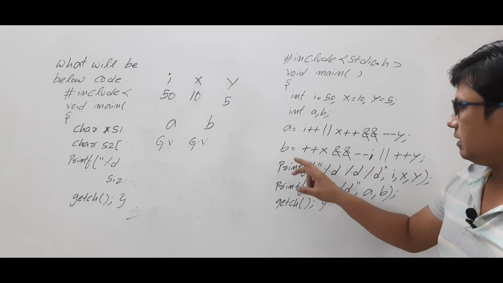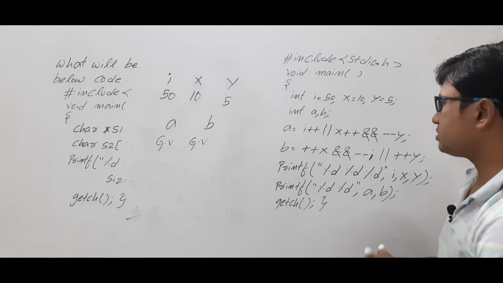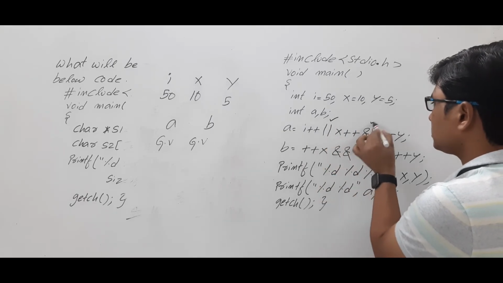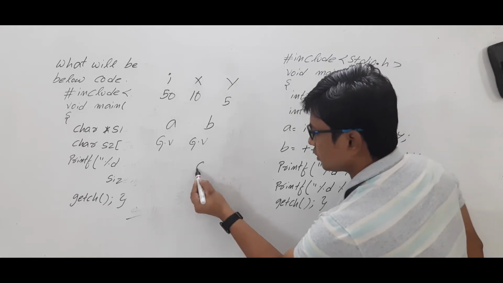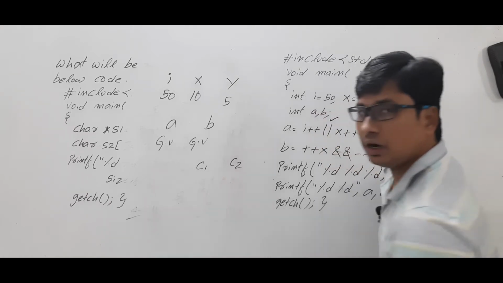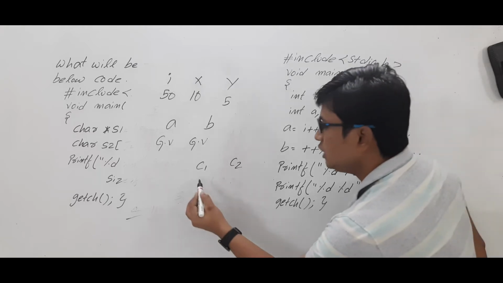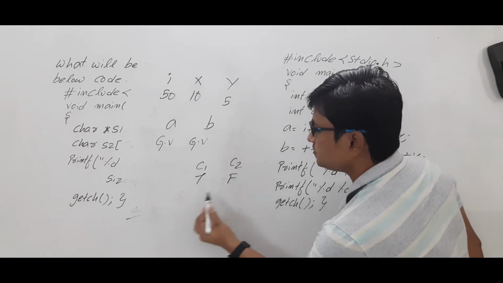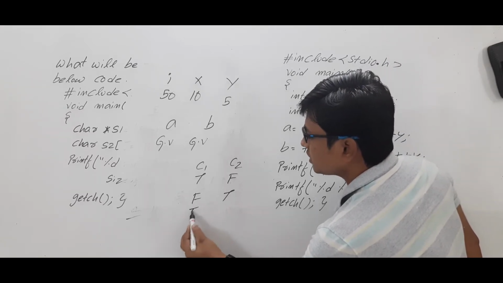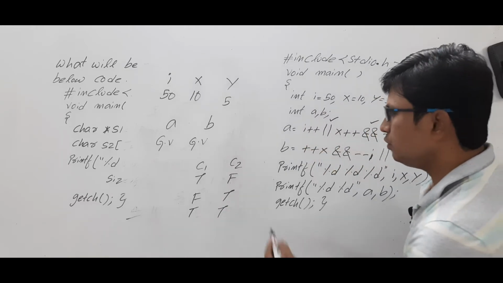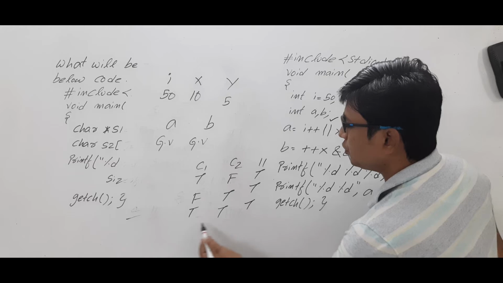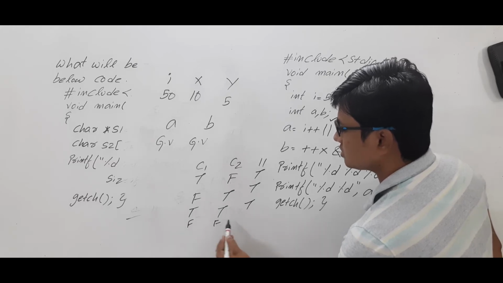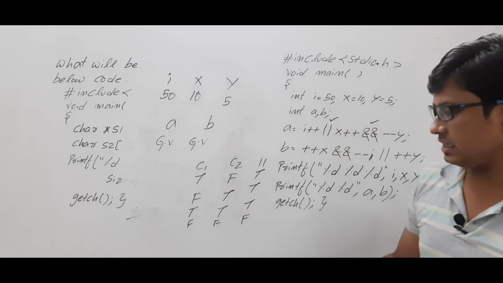Now look here, you have logical or and logical and. What is the logical or? If condition 1 and condition 2 are there, if any one of the conditions is true, or both the conditions are true, you will get the logical or as true. If both the conditions are false, then you will get the output as false.